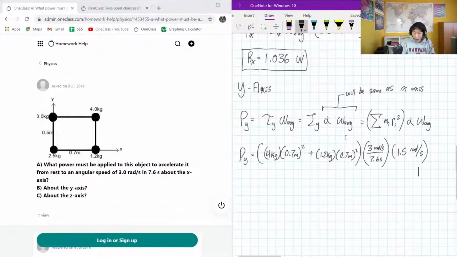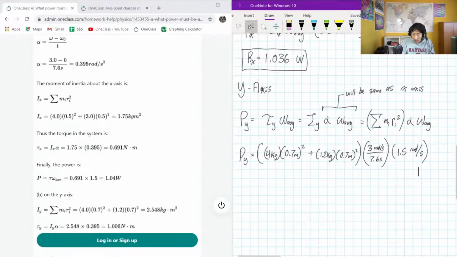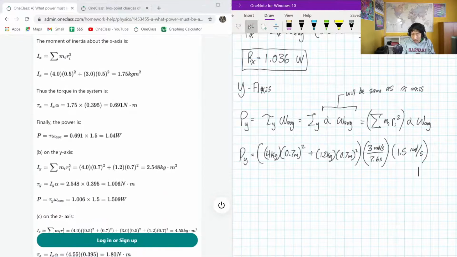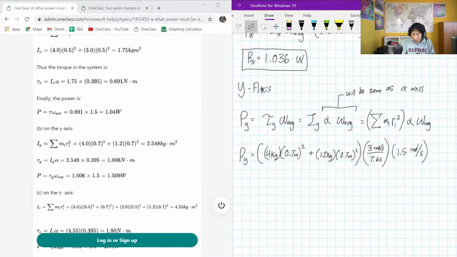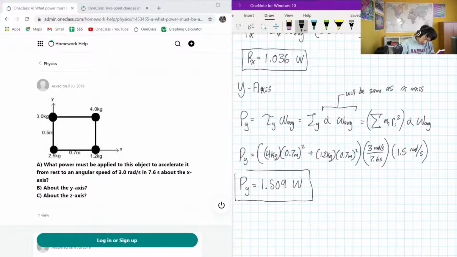So my power in the y direction is hopefully gonna agree with this. Yeah, exactly. So my Py calculation is 1.509 watts. Awesome.